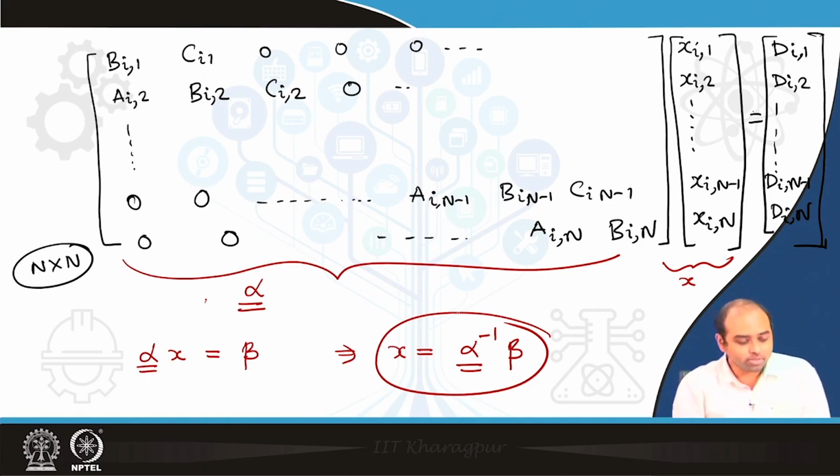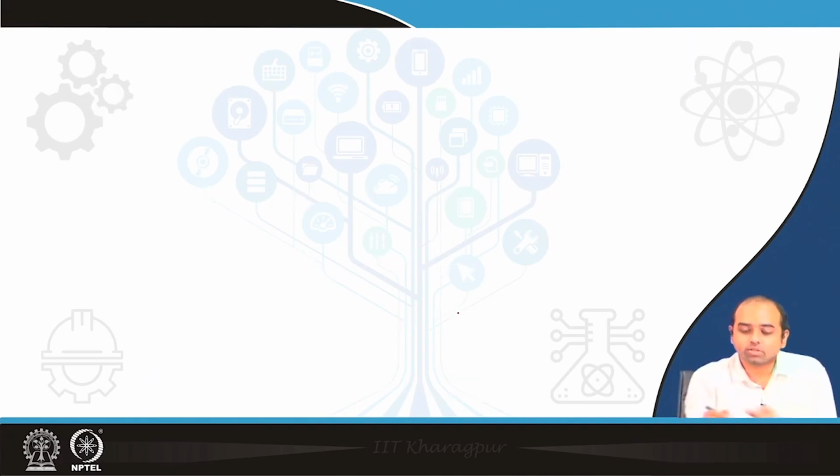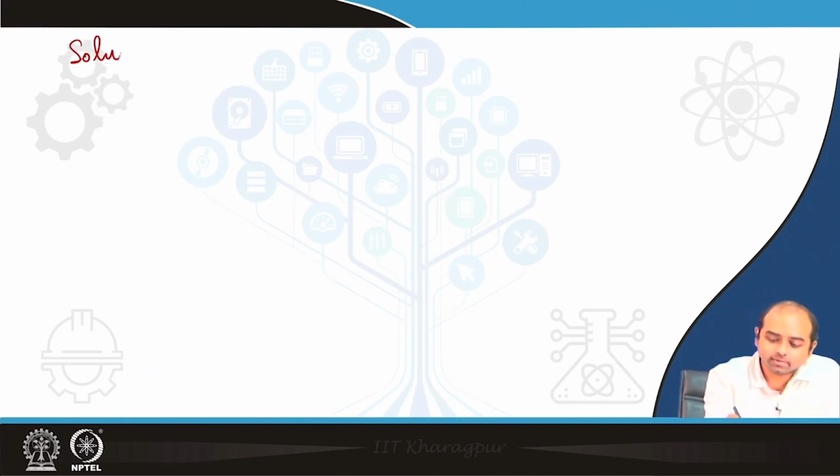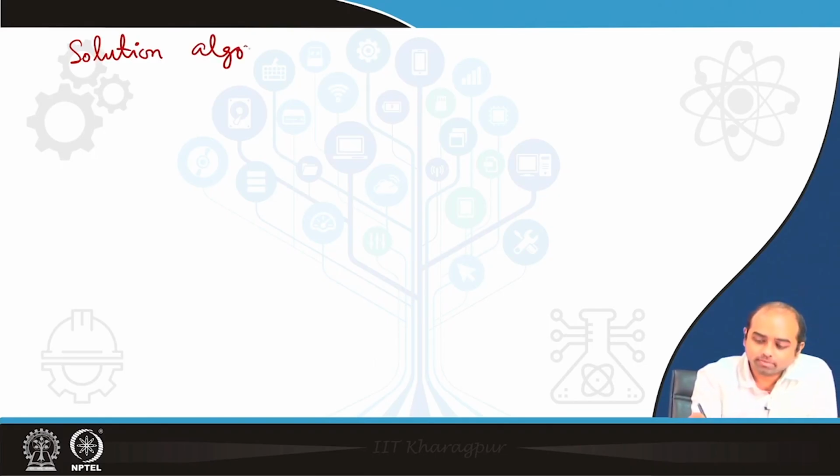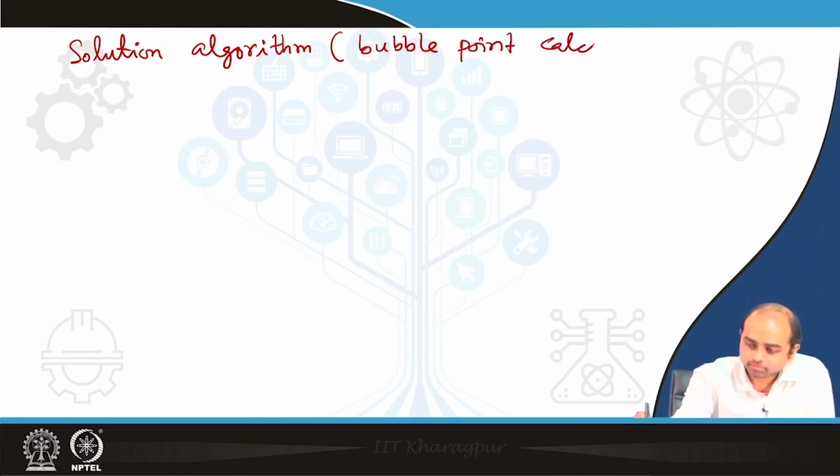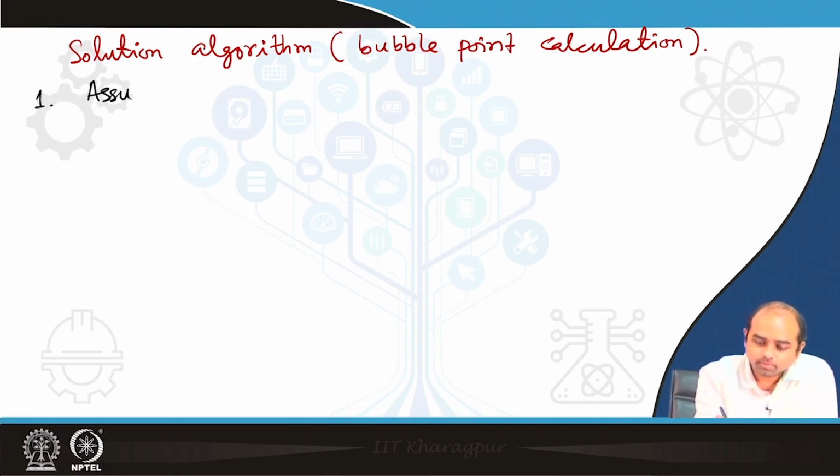So now let us talk about the solution strategy. What is the solution algorithm here? Algorithm for this bubble point calculation. First you assume the tear variables.